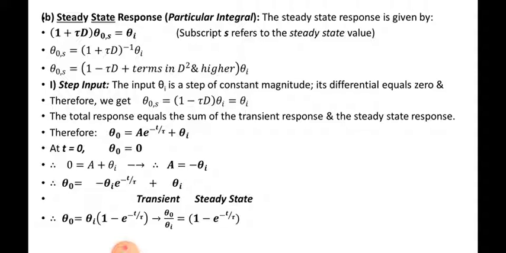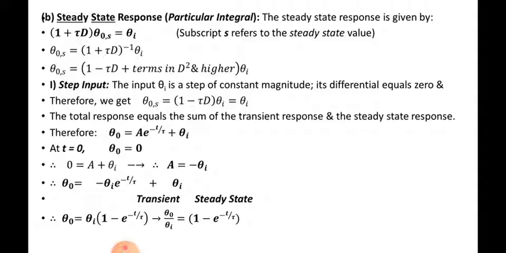Theta 0,s equals (1 plus tau D) raised to minus 1 into theta I. Theta 0,s equals (1 minus tau D plus terms in the second differential and higher order) into theta I.